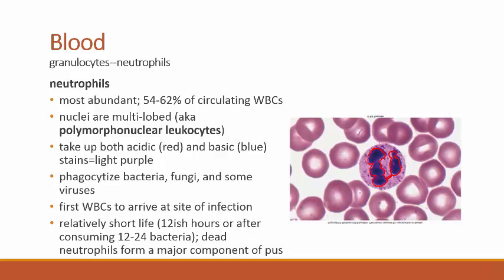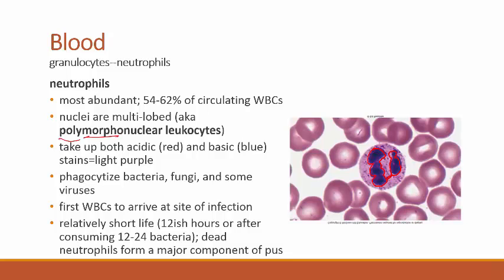polymorphonuclear leukocytes. How's that? I promise you, that will not be on the exam, so you don't have to remember that. But the idea is that poly means many, morpho means shape, so they are the leukocytes with many-shaped nuclei.